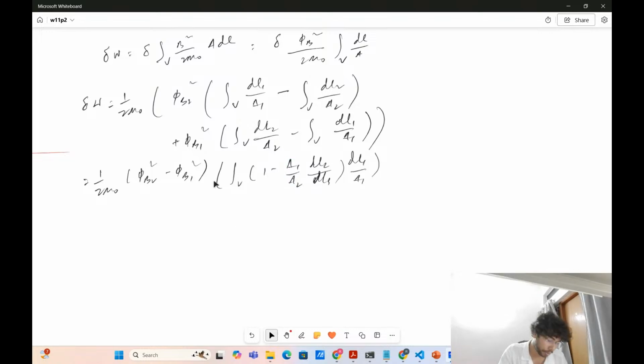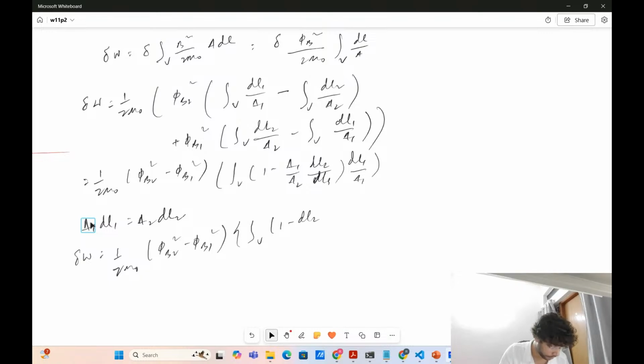Now what we are going to do is use the continuity equation, so A1 dl1 equals A2 dl2, and again calculate this, and it turns out it will be something like this.